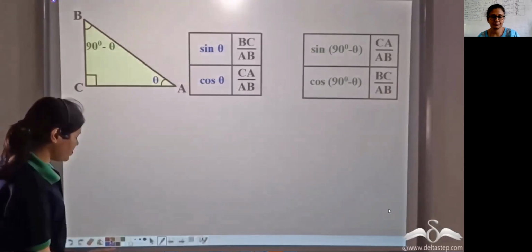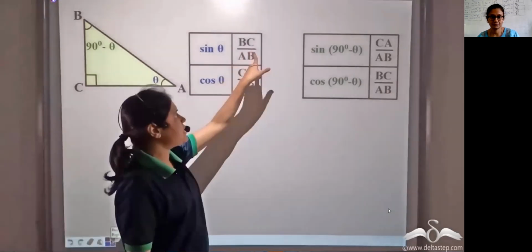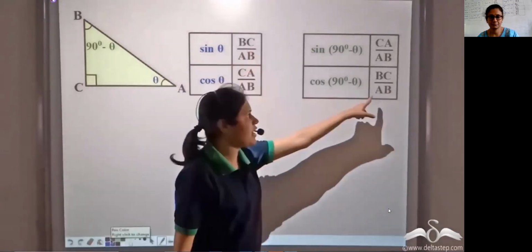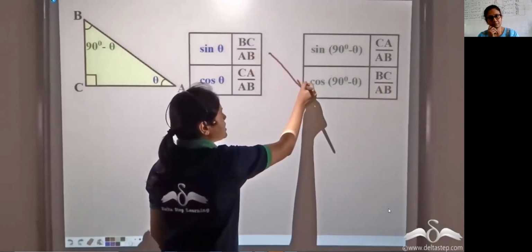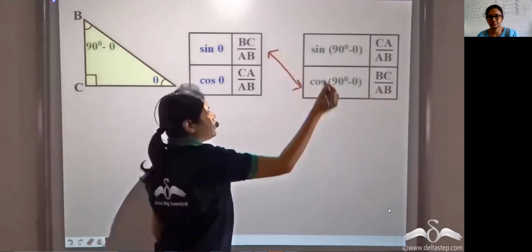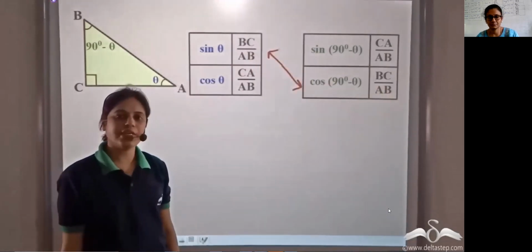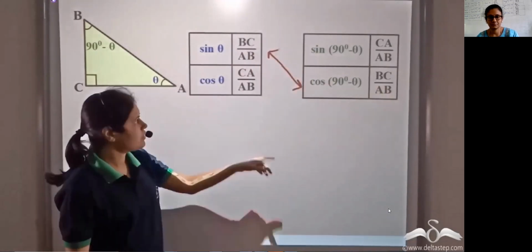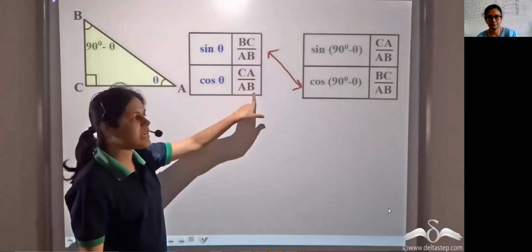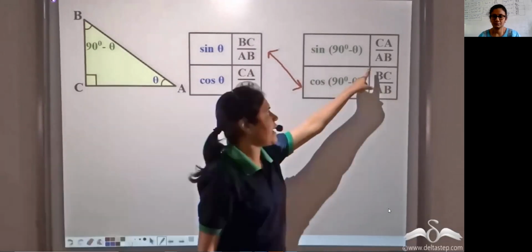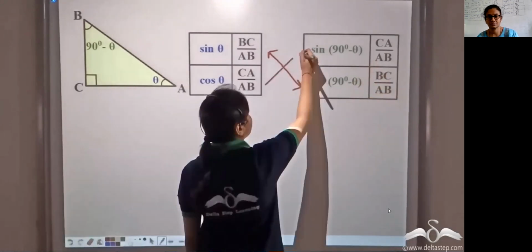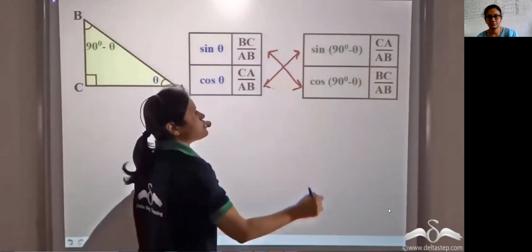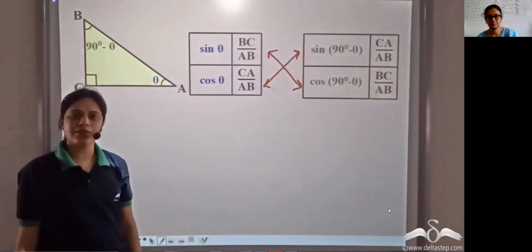Now observe something. BC by AB, and we have BC by AB here. So sine of theta is equal to cos of 90 degree minus theta. Also, we have CA by AB here and CA by AB here. So cos of theta is equal to sine of 90 degree minus theta.